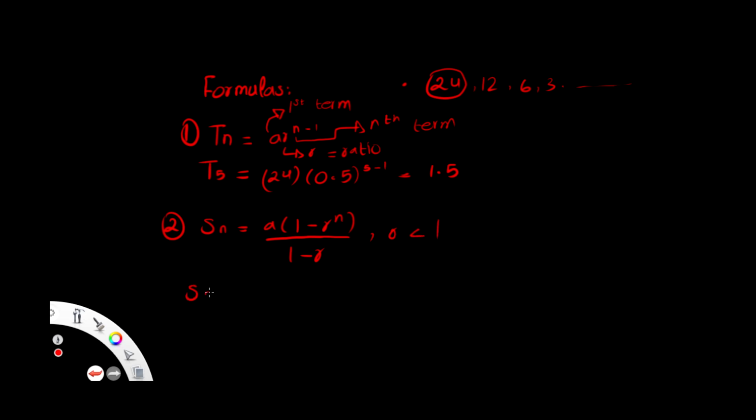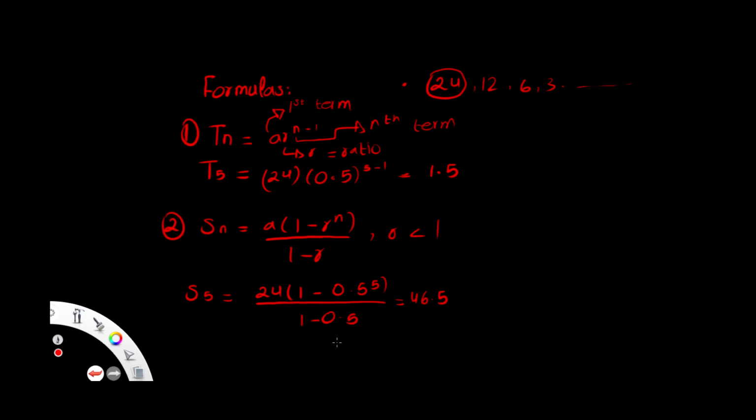So if I want to calculate the sum of 5 terms, simply substituting the values, (1 minus 0.5 to the power 5) upon (1 minus 0.5). So this is going to give us 46.5. So the sum of the first 5 terms is 46.5 as our answer.